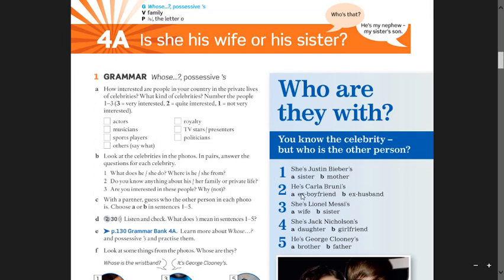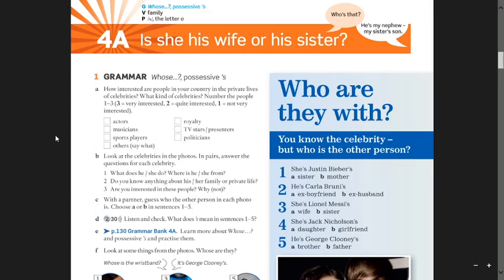In the first activity you have to rank these items, let's say, related to celebrities, according to whether people are very interested, quite interested, or not very interested in these people.